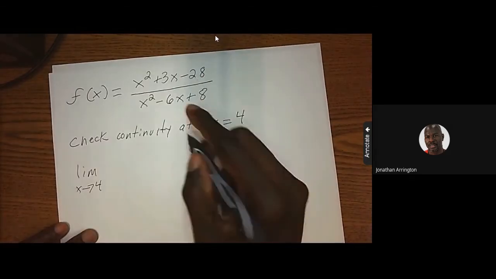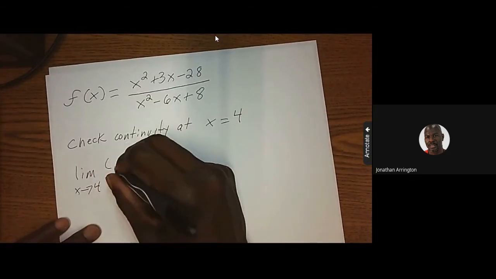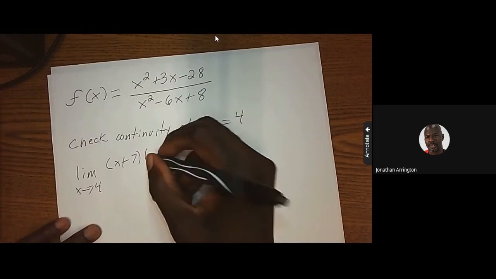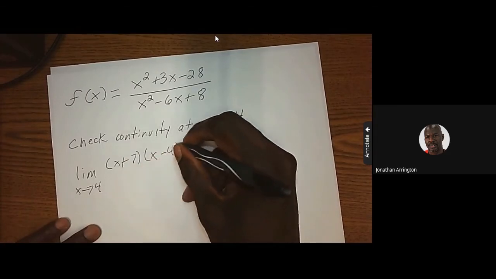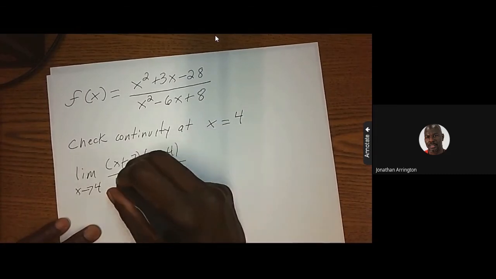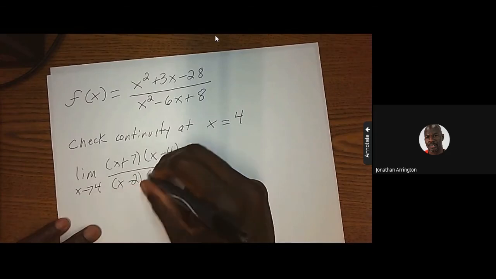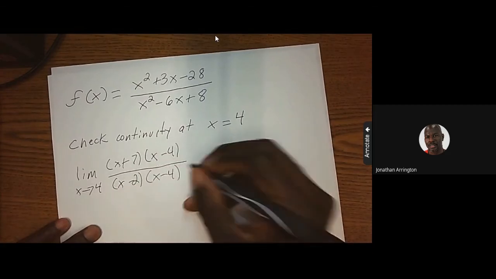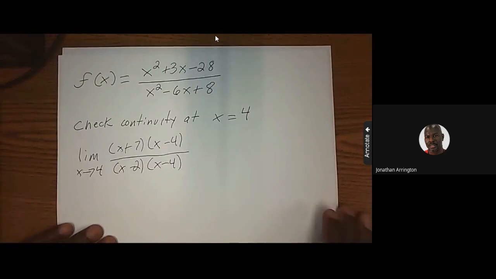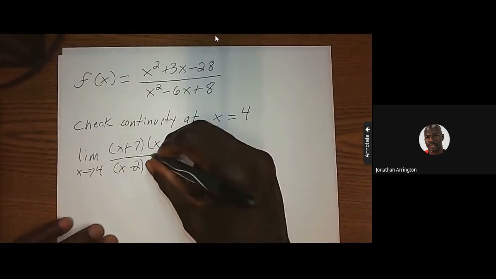And they factored. So this one would be x plus 7 times x minus 4, and on the bottom would be x minus 2 times x minus 4. So you can see that the x minus 4s would cancel.